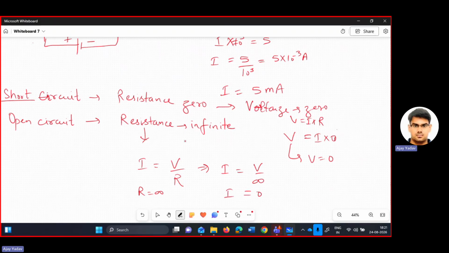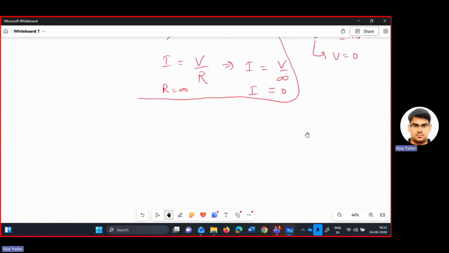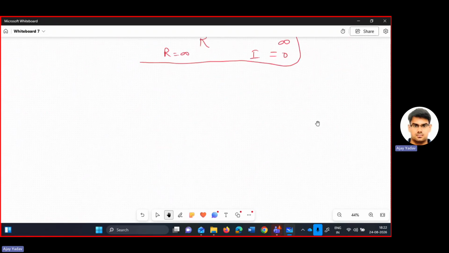So in case of open circuit, resistance is infinite and current is 0. In case of short circuit, resistance is zero and voltage is zero as a result of this. These two concepts are used a lot when we are solving circuit problems, or when you will study the Norton theorem and Thevenin's theorem.